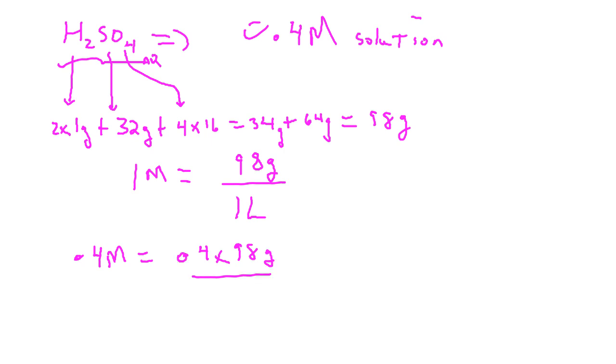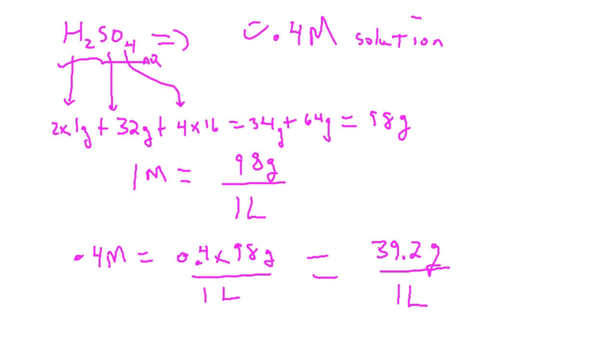So 0.4 times that is what? 4 times 8 is 32, so it's 3.2 plus 36, yeah, 39.2 grams in 1 liter. Okay, so this would be a 0.4 M solution.